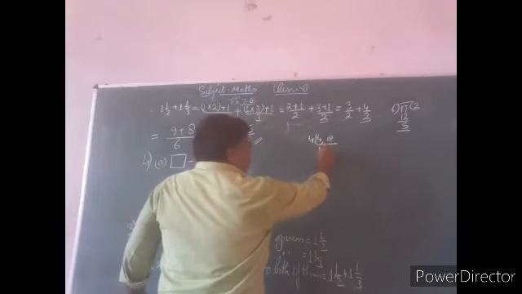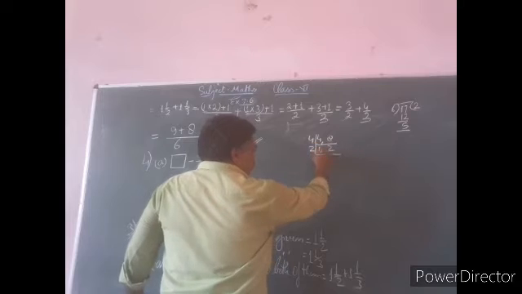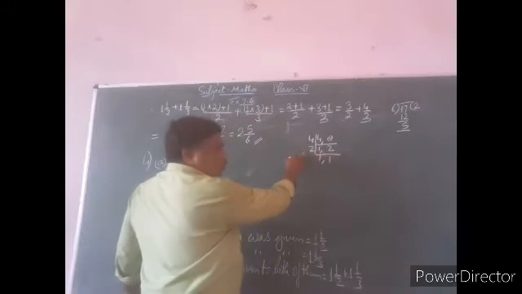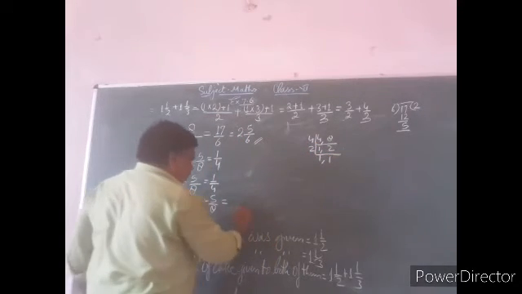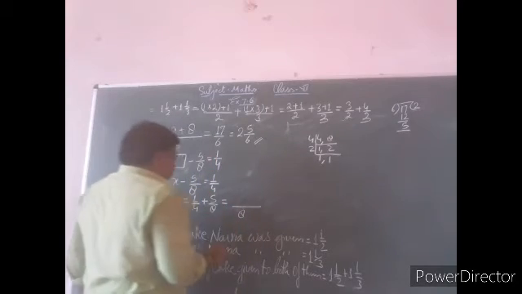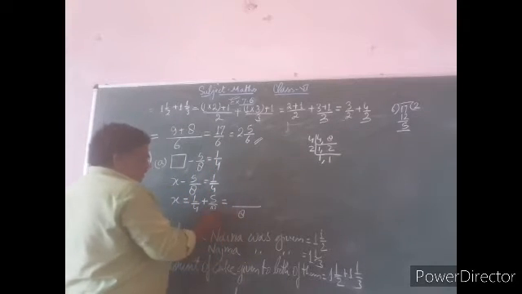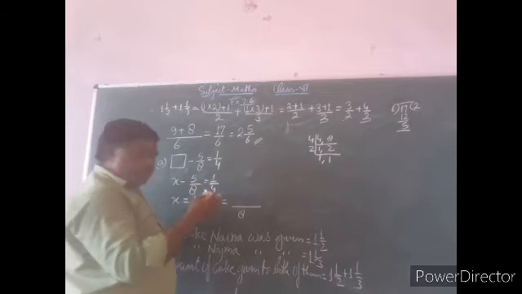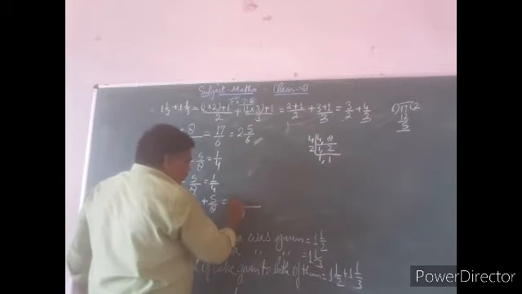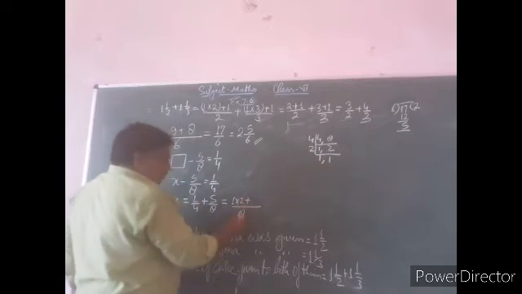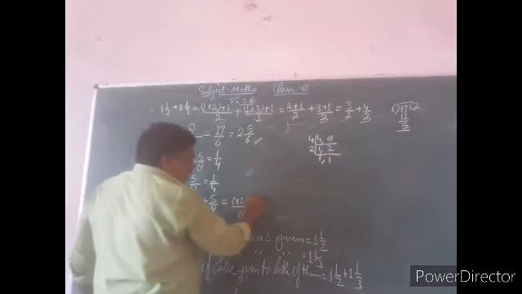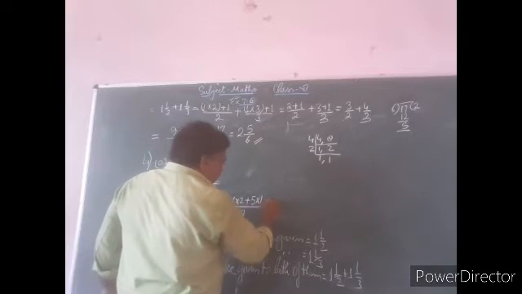4 1s are 4, 4 2s are 8. Now divide this 8 by 4. 4 2s are 8, so multiply 1 by 2 plus 8 divided by 8 is 1, so multiply 5 by 1.